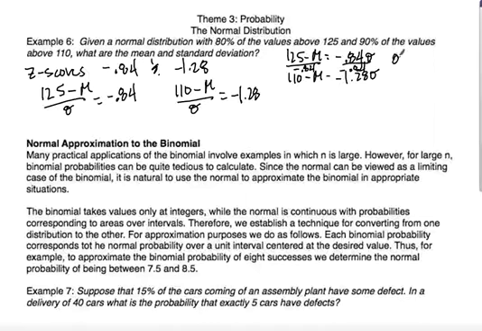So that would give you sigma equals 125 minus the mean over negative 0.84. Over here, you could divide by negative 1.28 to get sigma by itself. And whenever you do that, you get sigma equals 110 minus mean over negative 1.28.